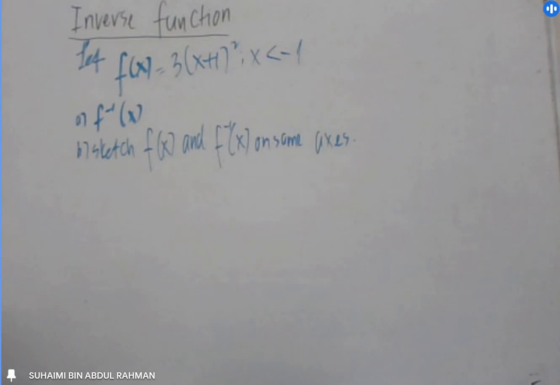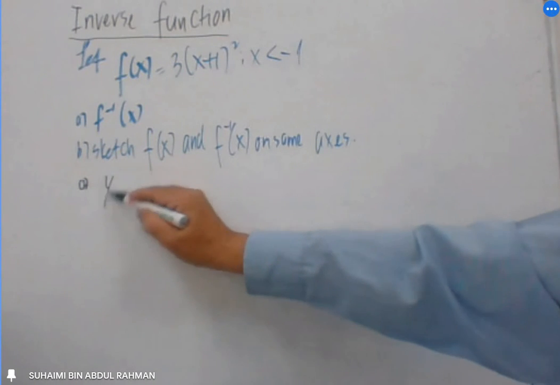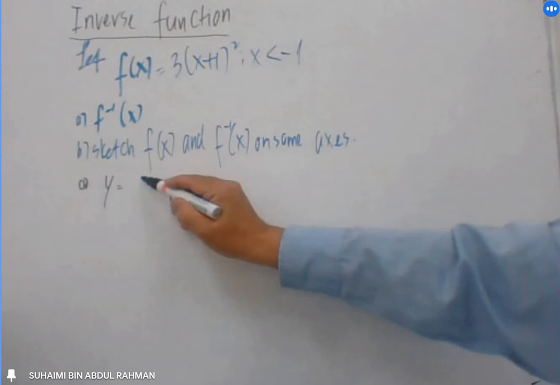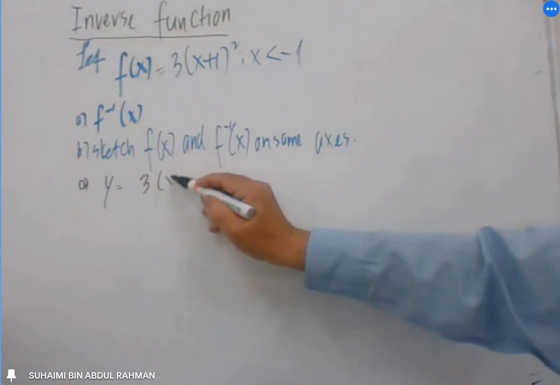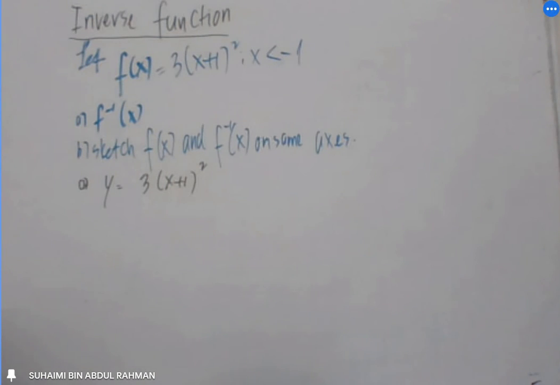First, we need to find the inverse function, part A. Let y equal to 3 times (x plus 1) squared.